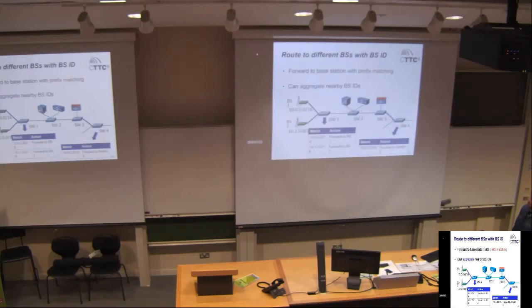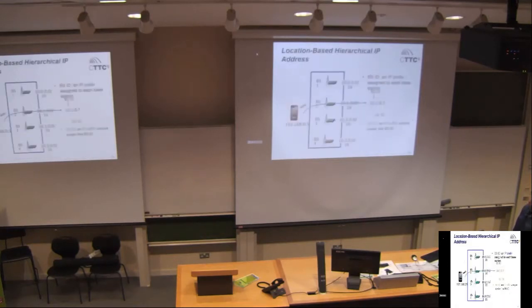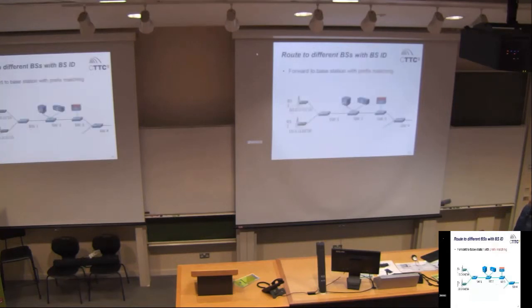If we assume this hierarchical deployment, the gateway to the internet with only one rule can discriminate between the traffic that goes to base station 1 and base station 2 and the traffic that goes to base station 3 and base station 4, which are not depicted here because of the space, but you can see that there will be 2 more base stations in this part of the network that will be reached through this path here.